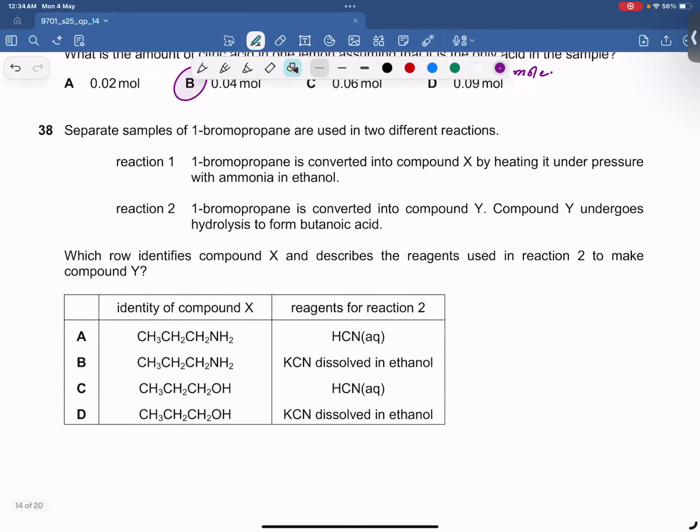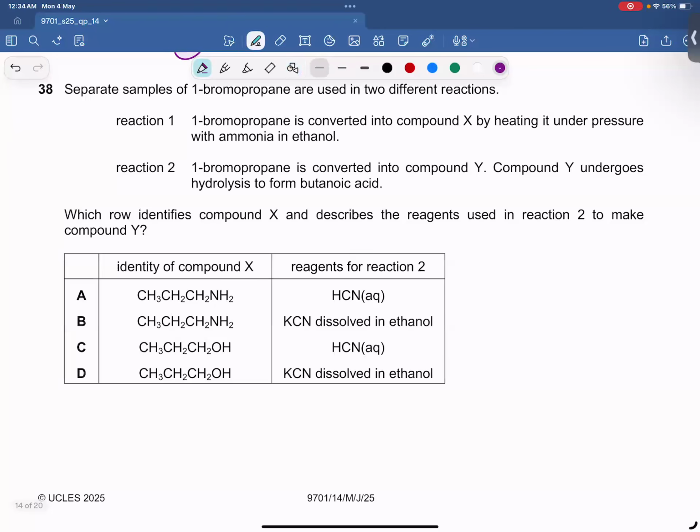Question 38. 1-bromopropane is a primary alkyl halide. When it is heated with ammonia in ethanol, CH3CH2CH2NH2 and HBr are formed.